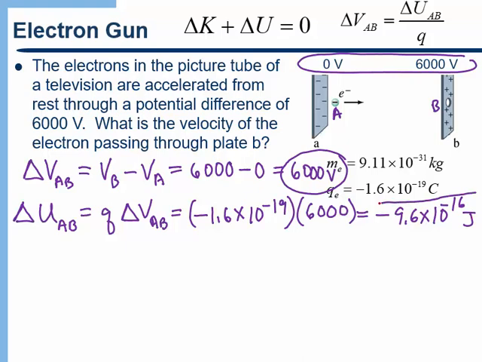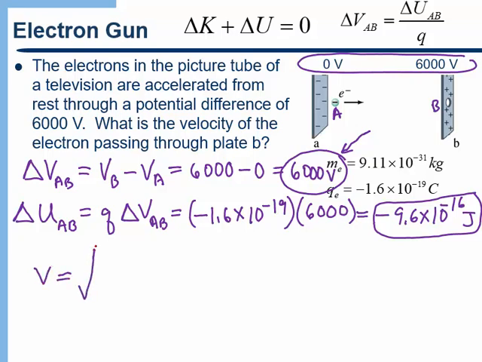You'll notice that that's the same change in electric potential energy that our proton went through in the other problem. What makes this different is I wanted to make sure you notice that delta V was positive, but delta U was still negative as our electron went through this acceleration. Once we've got that, the problem goes just like the other one, so I'll just cut to the end.